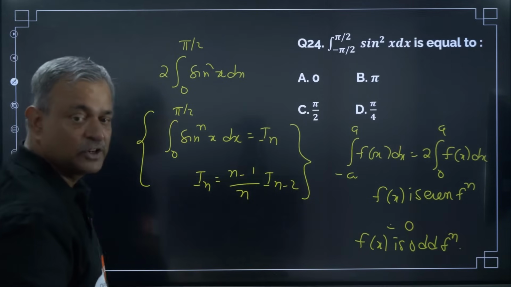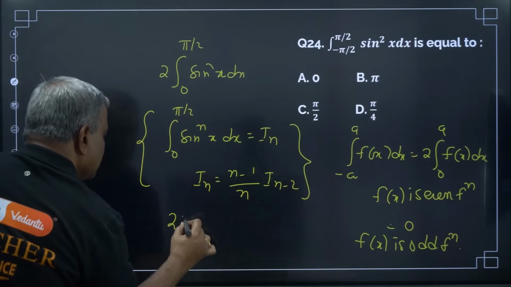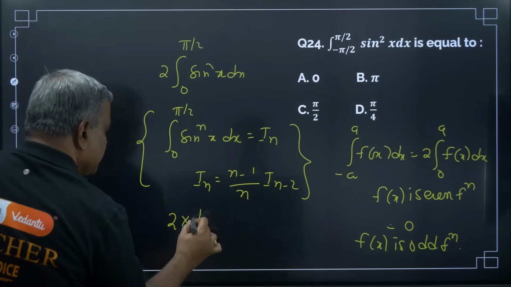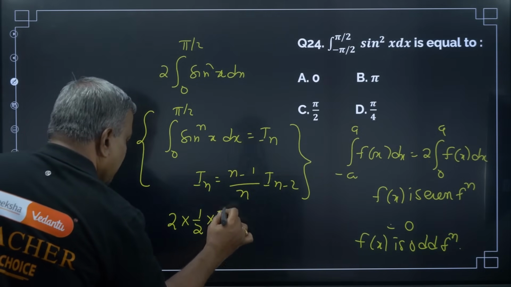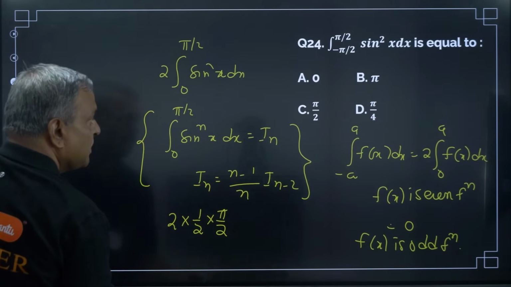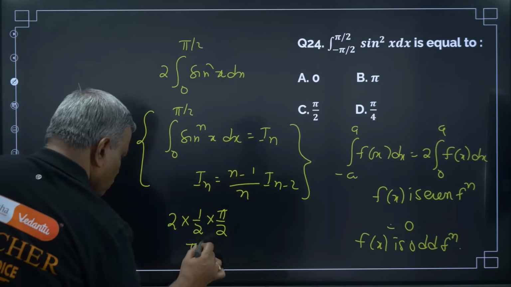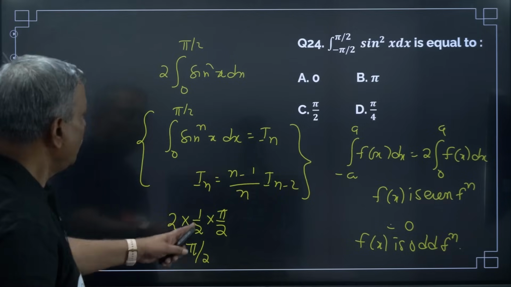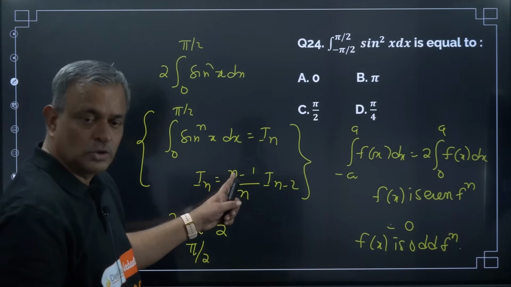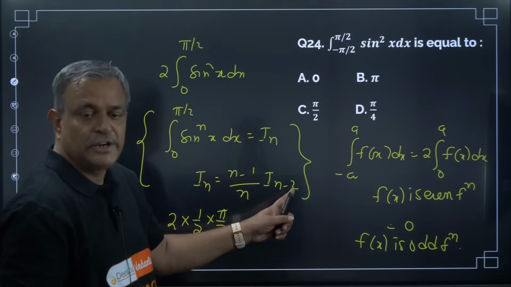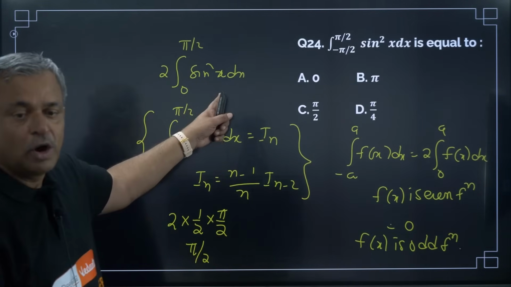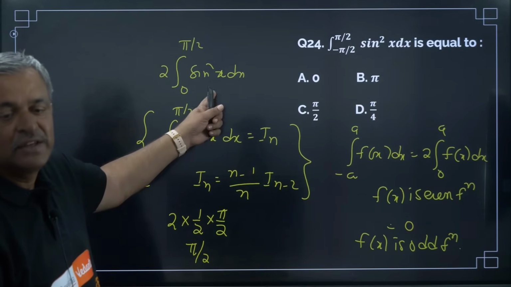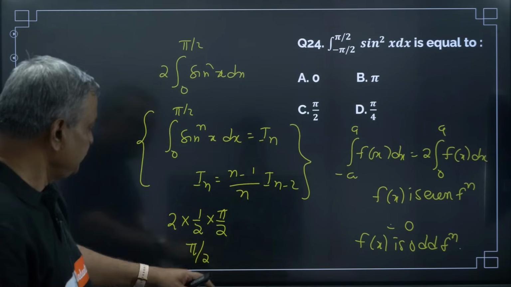Now it becomes very easy to solve. So 2 into 1 by 2 into pi by 2. So we get the final answer pi by 2. What is I2? I2 is equal to 2 minus 1, 1 by 2 into I0. I0 is nothing but integral of dx, which is x, so pi by 2.